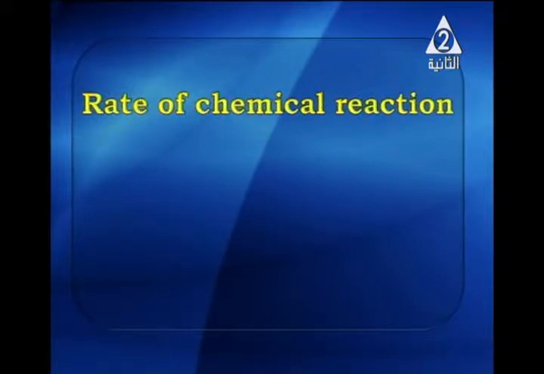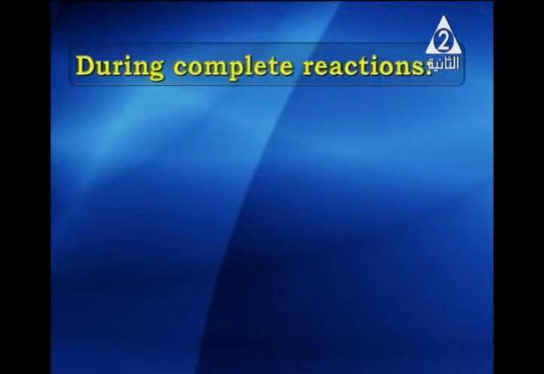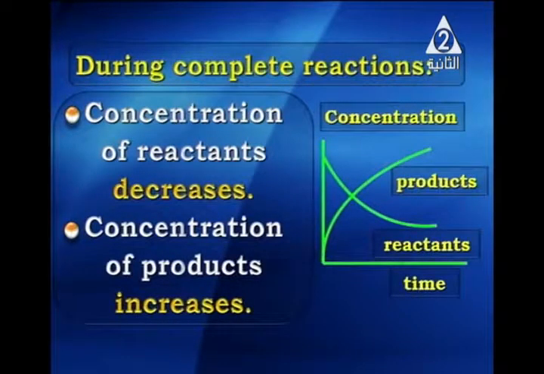Fine. What do you mean by the chemical reaction rate or rate of chemical reaction? It is the rate of the change in concentration of reactants or products per unit time. So during the complete reaction, my dear student, the concentration of reactant decreases and the concentration of product increases, as shown in the graph on the screen.